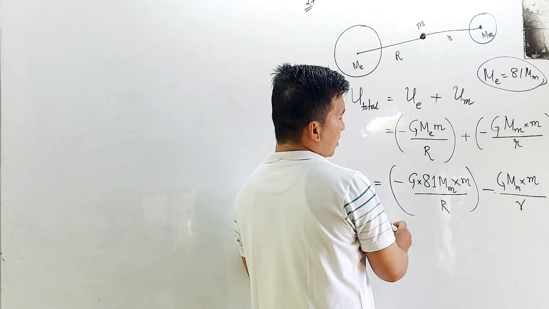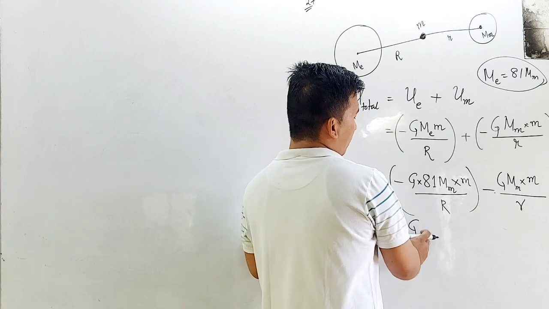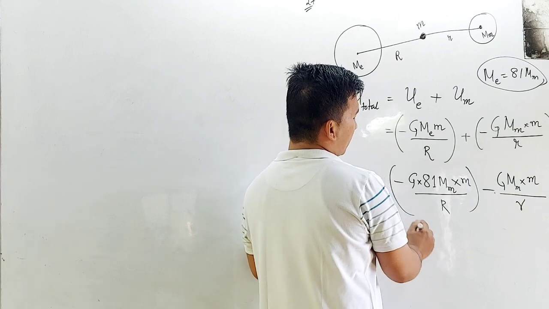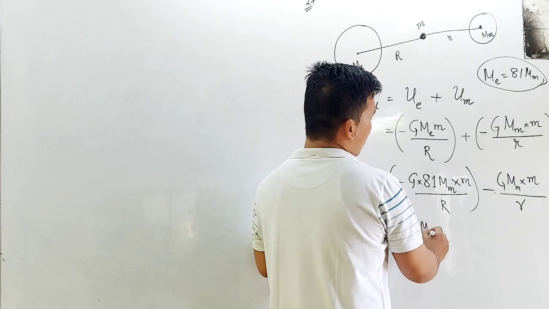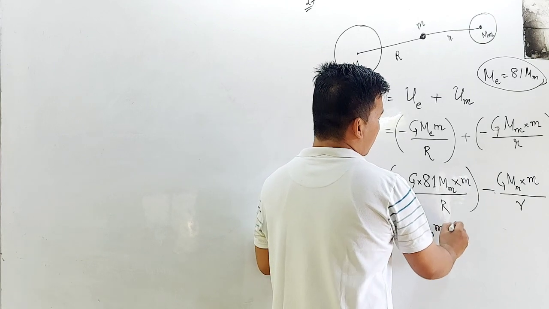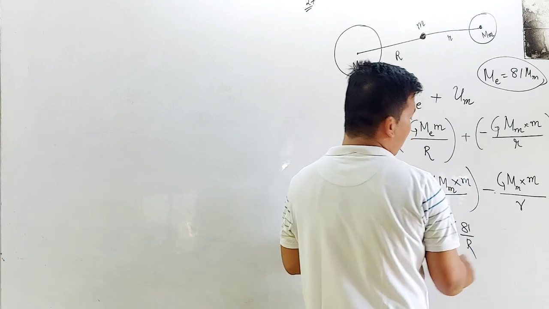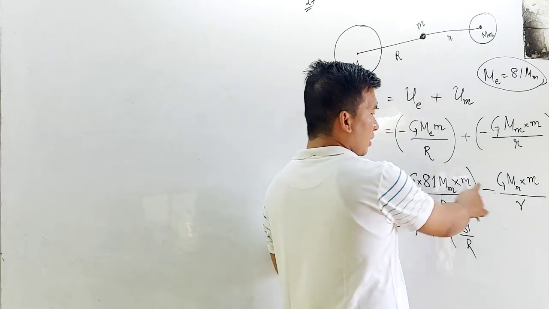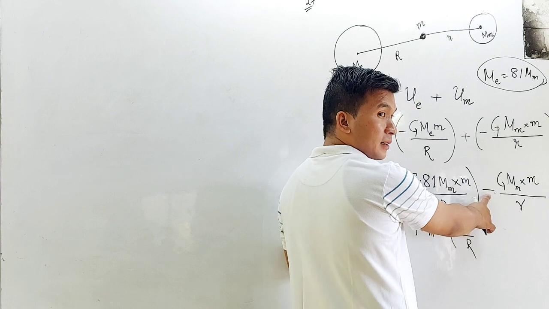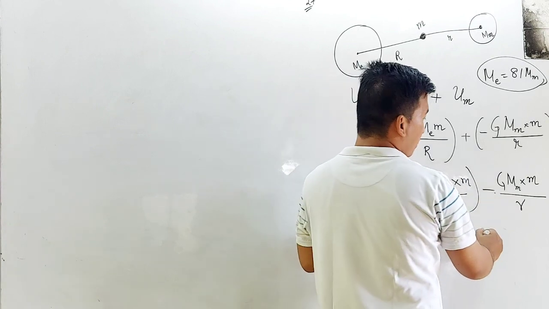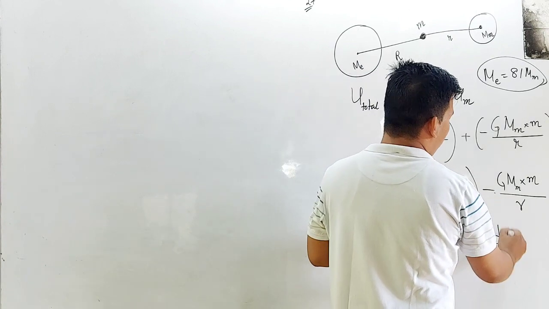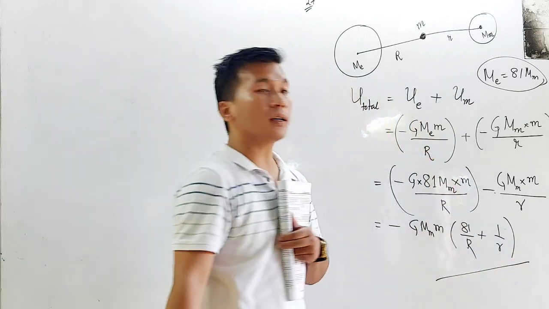We can put it like this: this is minus capital G, 81 times capital G, capital M, small m. This will be 81 divided by capital R, plus, minus, plus, this will be 1 by small r. This will be our expression.